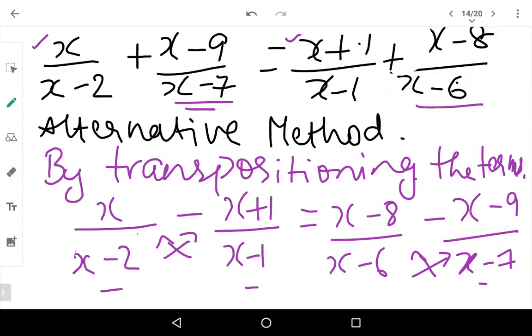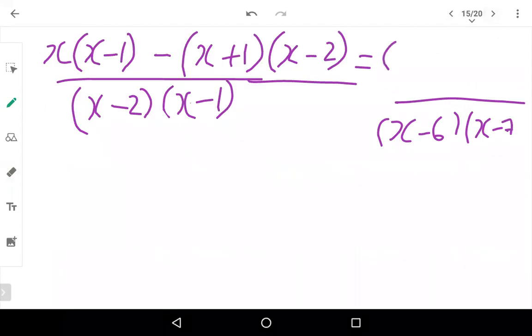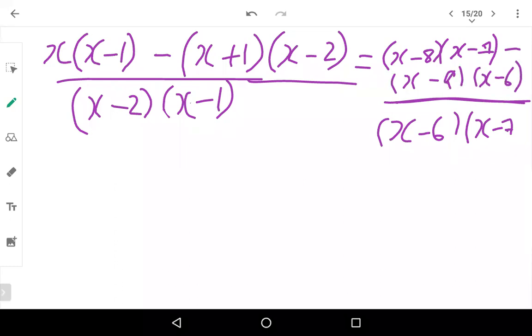So first is x minus 8 into x minus 7 minus, I'll just write it here only, this is completely numerator. Okay, x minus 9 into x minus 6. Did you all understand till here?